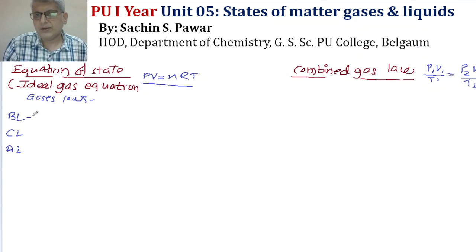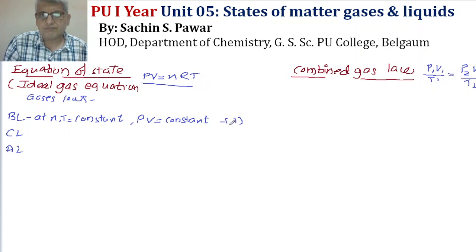So Boyle's law, what is that? What is constant here? n and T constant. For a fixed amount of gas at constant temperature, PV is equal to constant. We know this equation. Let me put it as 1.